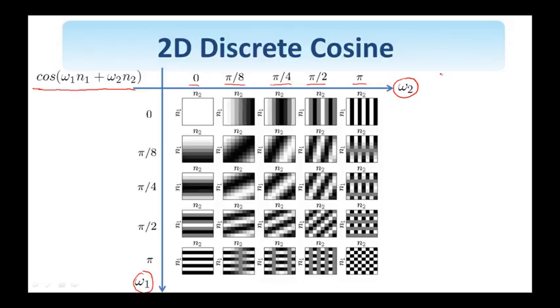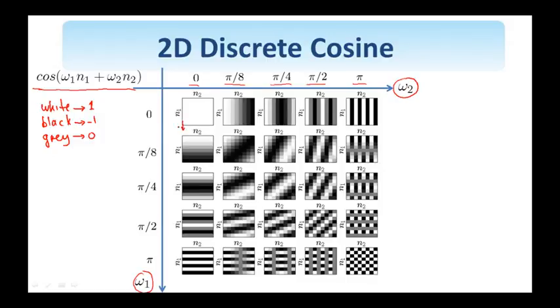Instead of showing it as a 3D plot, we show this cosine as a two-dimensional grayscale image, where white corresponds to the value 1, black to the value -1, and gray to the value 0.